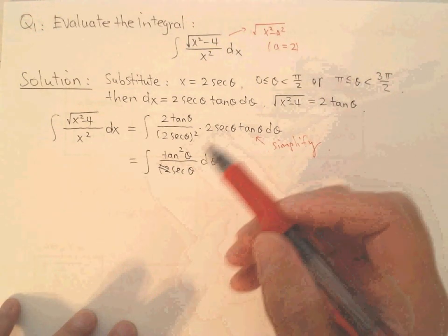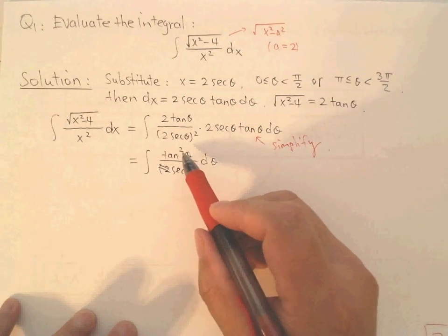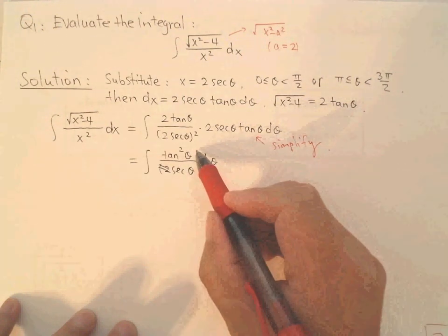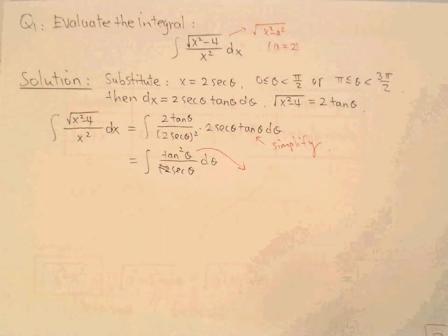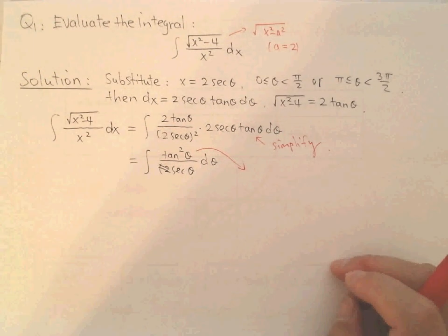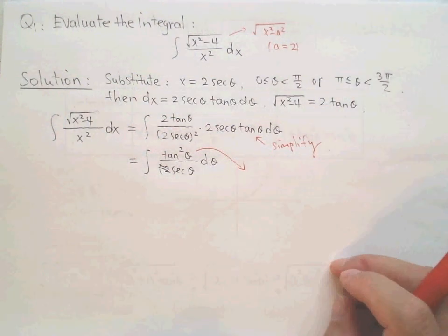You can find that method. Another way, I am going to use the Pythagorean identity on the top, the numerator. See what we have later. Let's see.